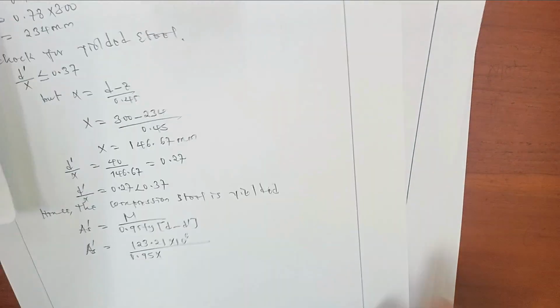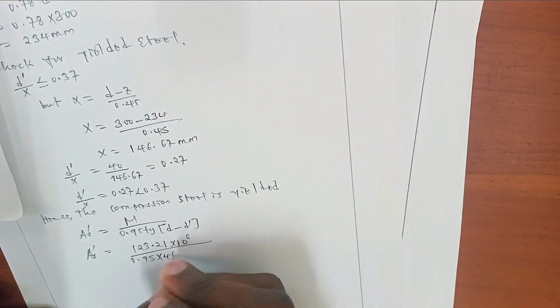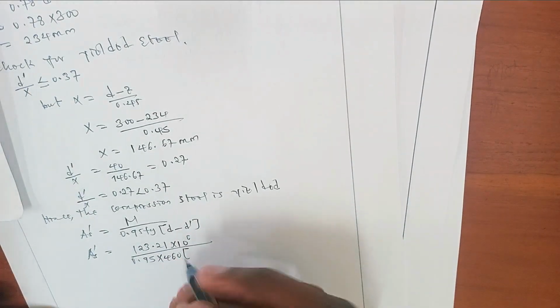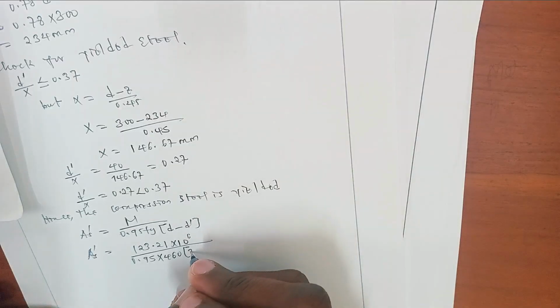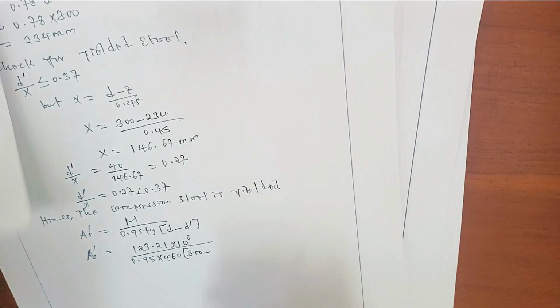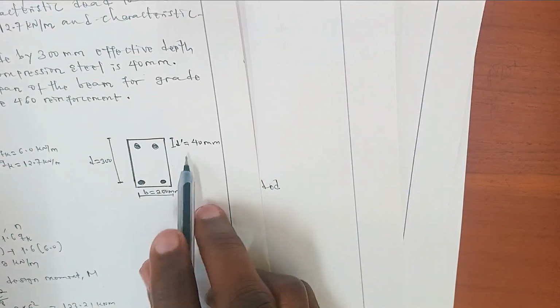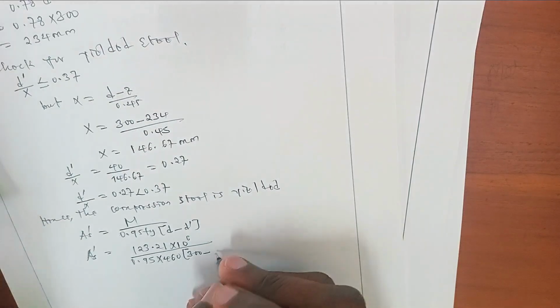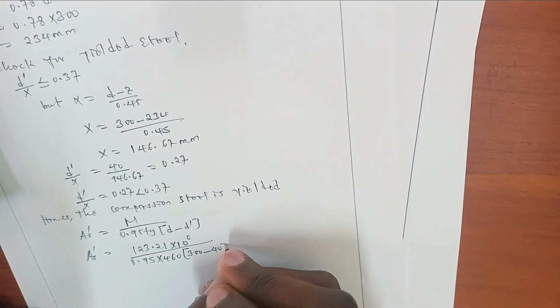So we multiply by 460 times effective depth, which is 300, minus effective depth at compression zone, which is 40 millimeter. So we minus 40.